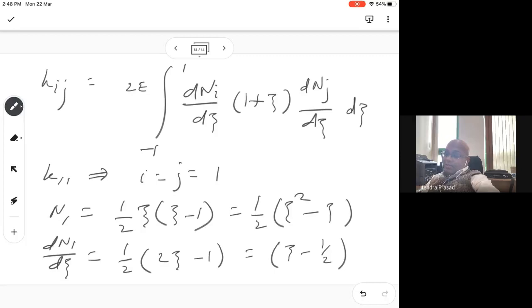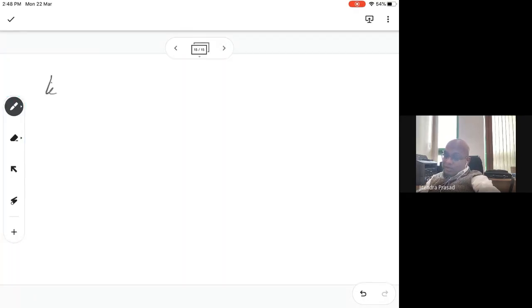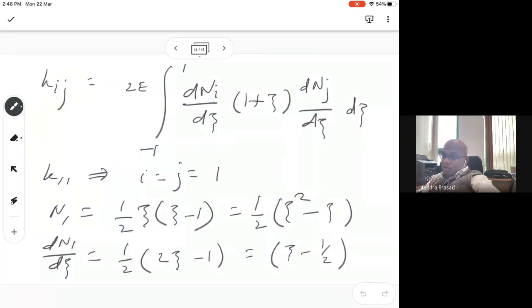And this will be a square basically, right? So K11 you get, K11 is equal to the integral from minus 1 to 1, and then you have the square of this.